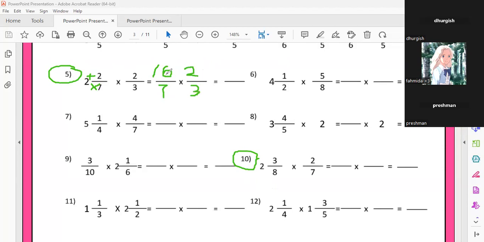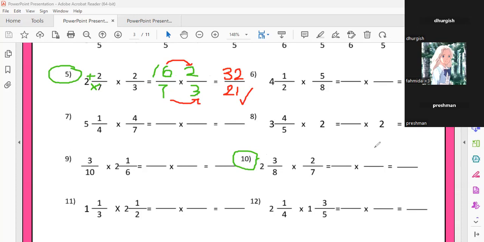Now, you look at it. 16 is not in times table 3. 7 is not in times table 2. So, literally, I can't simplify anything here. So, I've got to do my up times up, which is 16 times 2. 16 times 2 is 32. Down times down, which is 7 times 3. 21. And that's your answer.